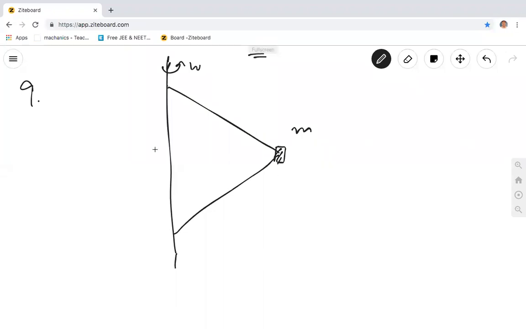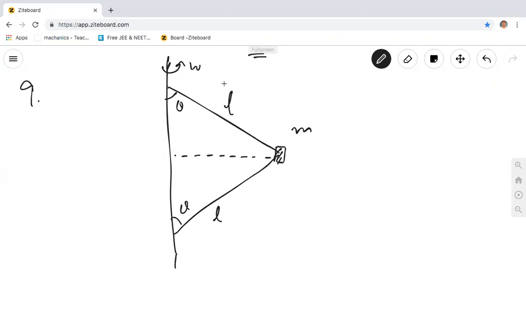When I rotate with this omega, this mass also moves in a circle of this radius. Let the string length be L, and let this angle be theta. And this is also theta because the string length is the same.